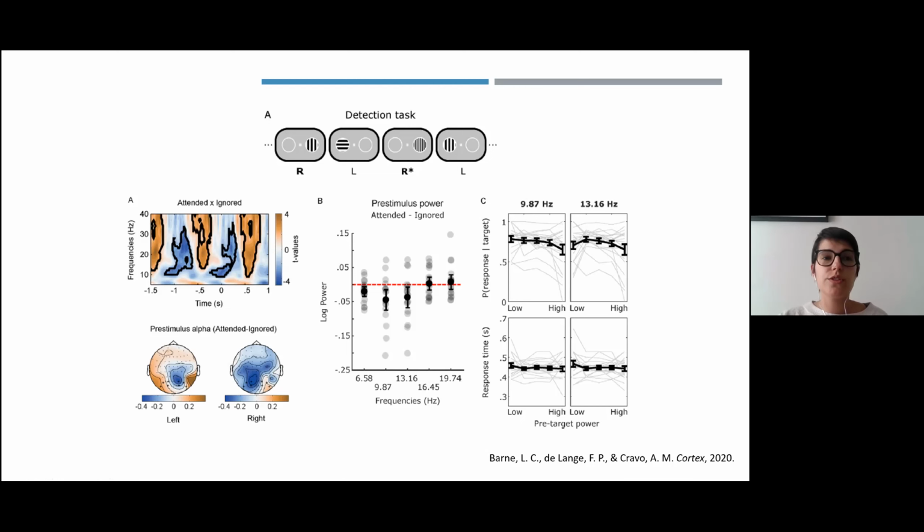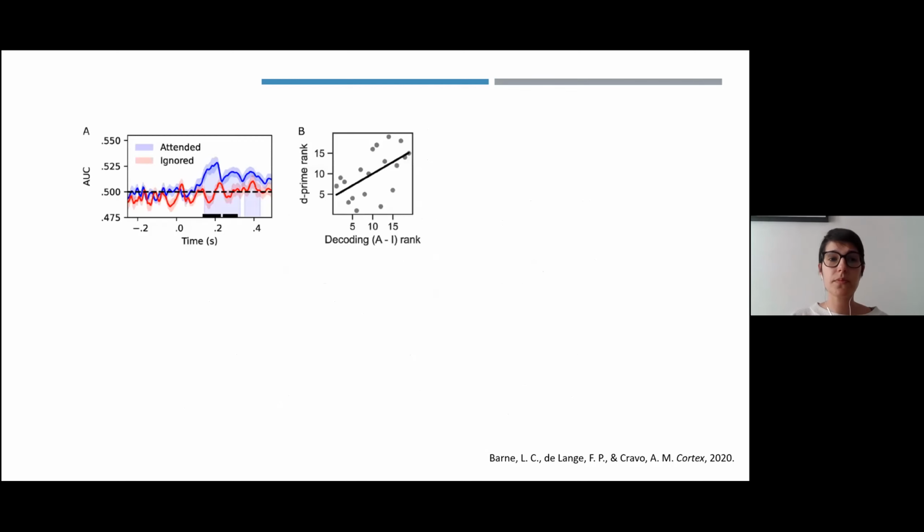So far, so good. So we wanted now to see how my stimuli were actually represented in the signal. Can I decode the orientation that was presented, even though all those stimuli were actually irrelevant to the task, because they only needed to respond to those higher frequency Gabor patches?